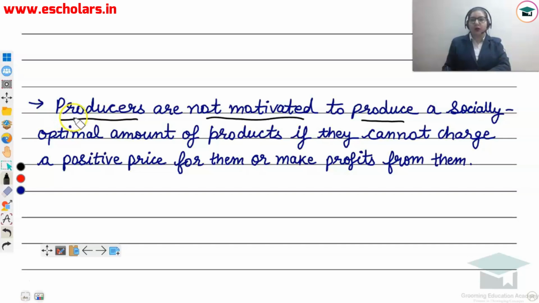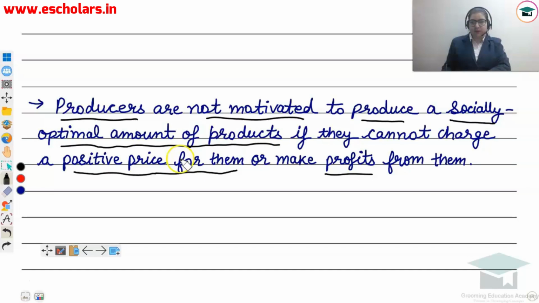Private producers will not produce any quantity of public goods, because they cannot charge a positive price for them, so they cannot make profits from them. And we know that private producers always work for profits. So the producers will not produce a socially optimal amount of public goods.